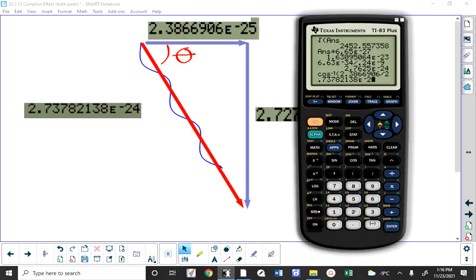Step back and look at those numbers. 2.3866906 times 10 to the negative 25 divided by 2.7378213 times 10 to the negative 24. Making sure I'm in degrees. What just happened? And I get 85 degrees.